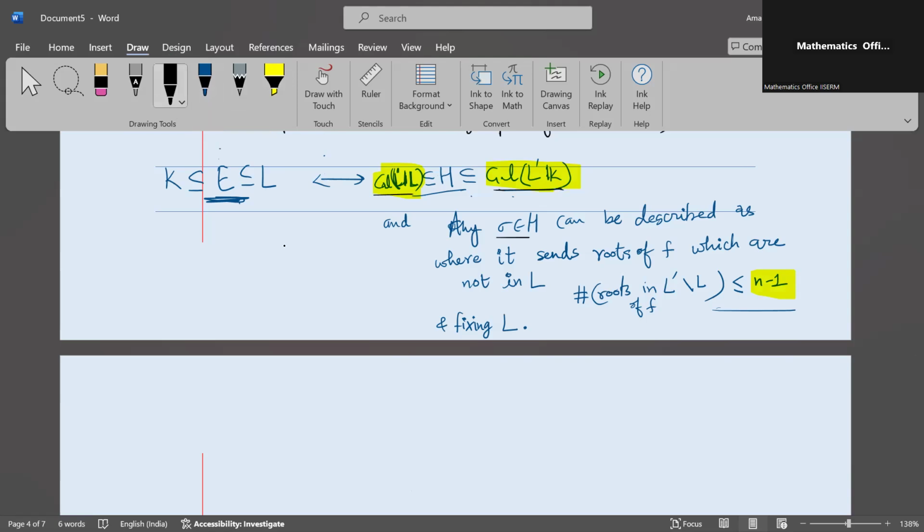Any sigma belonging to H can be described by where it sends the roots of F. It will send a root of F to a root of F only, in L prime.